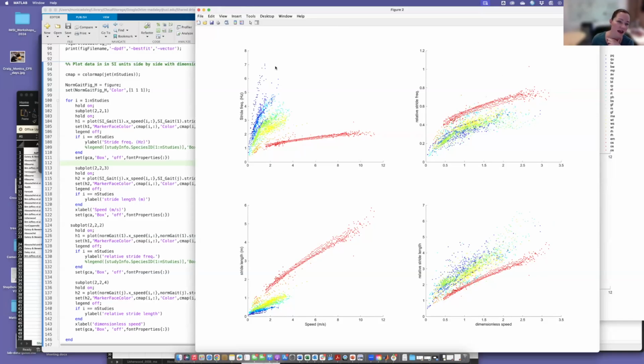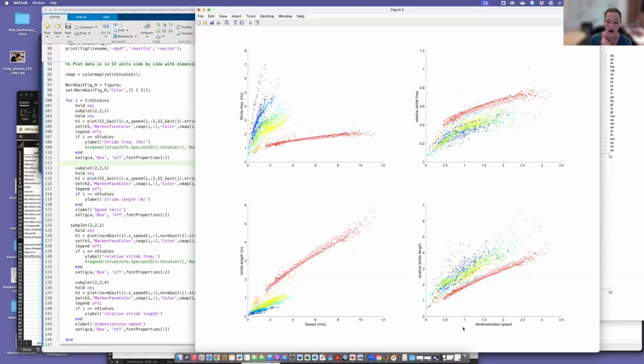Okay, so now look at the scale. Note, the scale has changed. On the right, the scale was from 0 to 12 meters per second, and now it goes from 0 to about 3-ish in the data in dimensionless speed. In terms of relative stride frequency, the range is like 0.1 to 0.8 here.